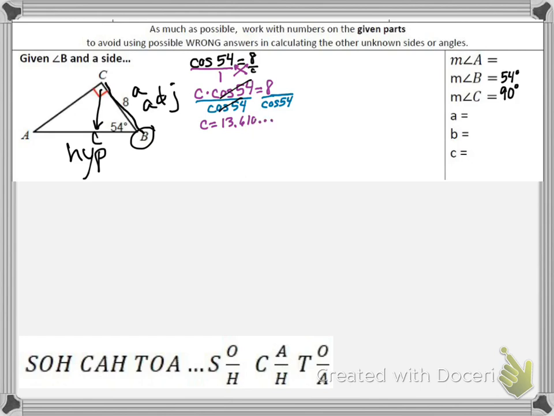If we want it rounded to the nearest tenth, which is what most of our assignment asks for, C equals 13.6. 1 is not bigger than 5, so it doesn't push it up. I don't know inches, feet, meters, miles. I'm going to put it over here for side C, 13.6.